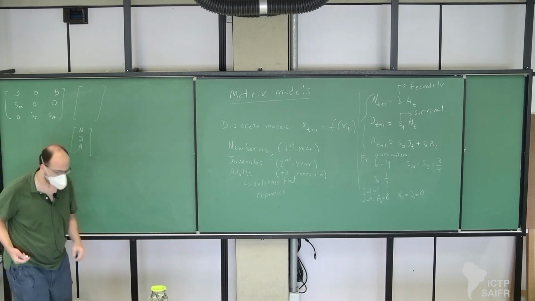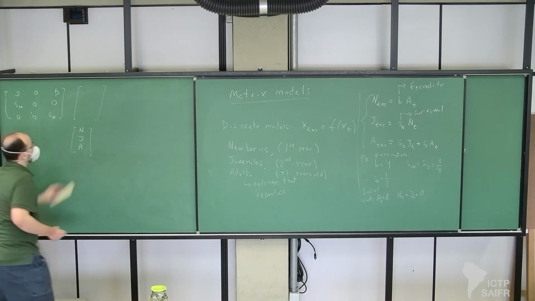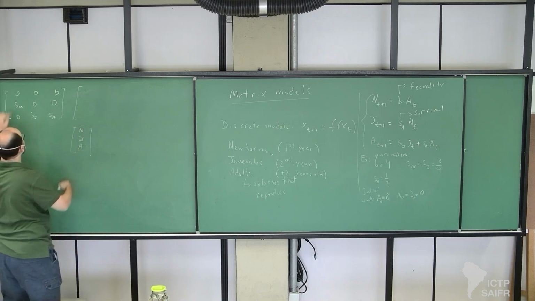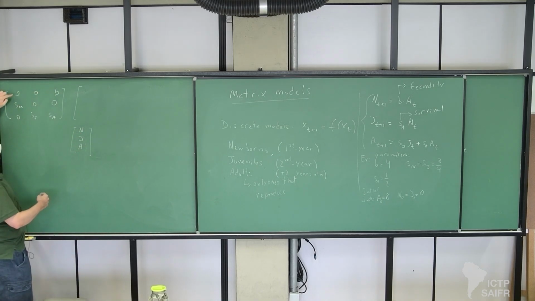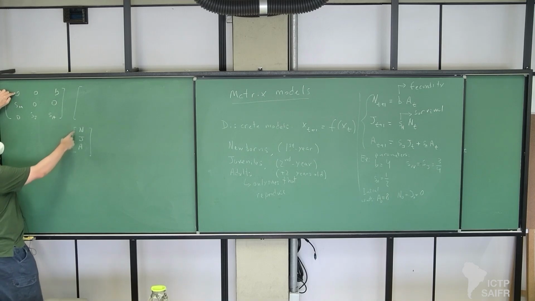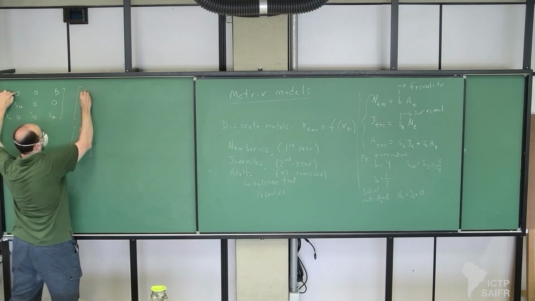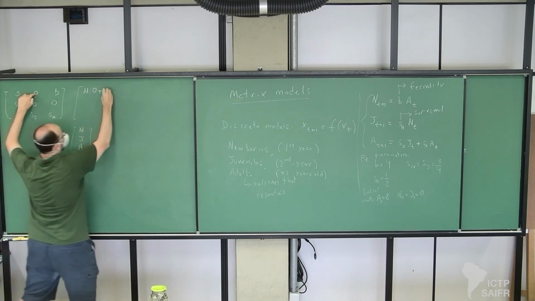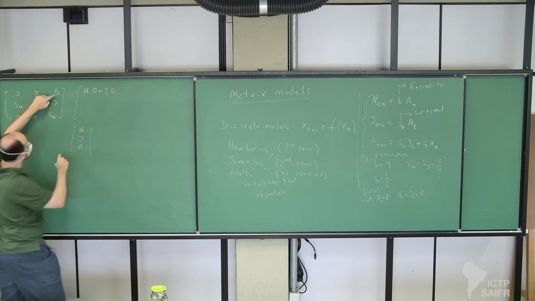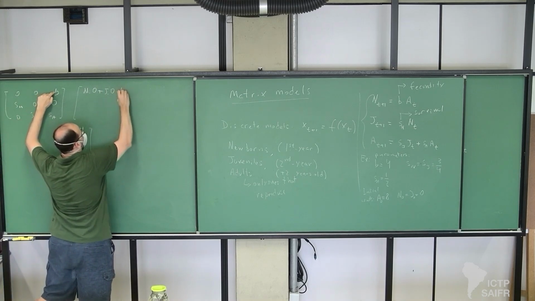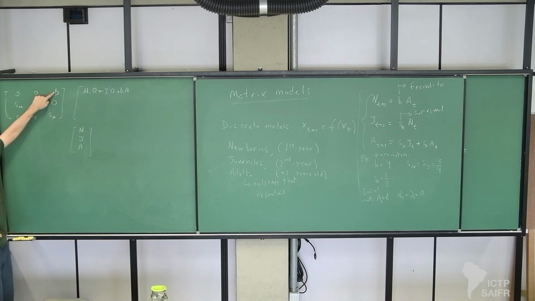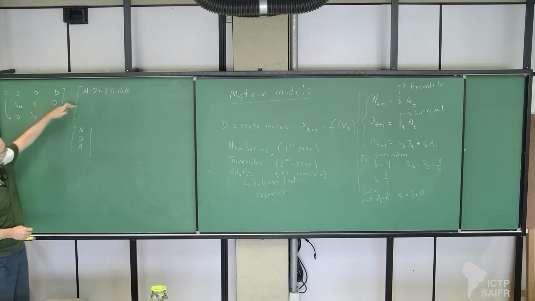And then the first element: we have to go over the lines here and the columns here. So I take this here, I go m times 0 plus j times 0 plus b times a. This is the first element. Now the second element is second line, first column.